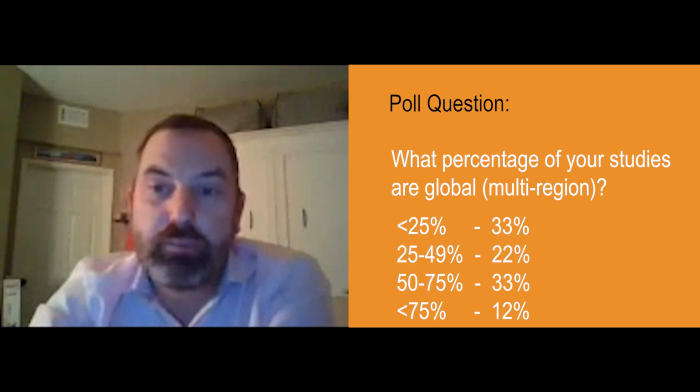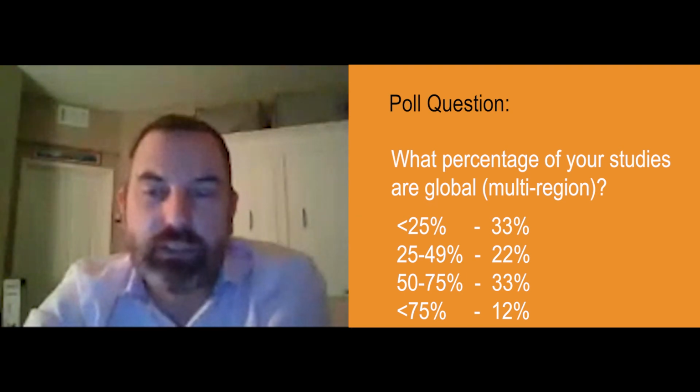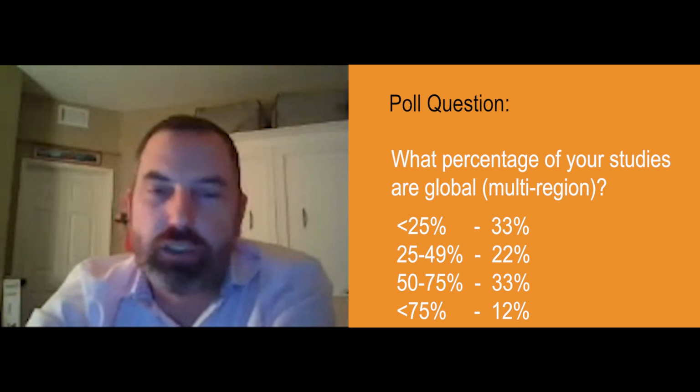It looks like the majority of trials are global. Yeah, it's around about 50%. Looking at the poll of people working on global trials, it's very interesting in terms of not multiple regions. So that's not a surprise to me.